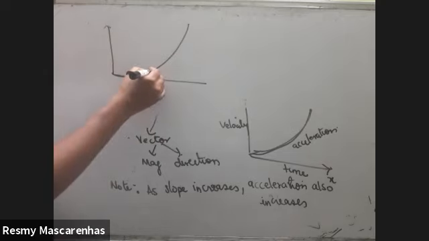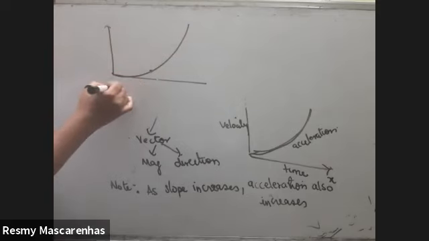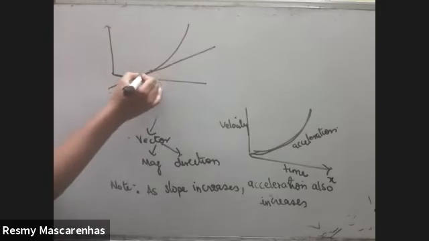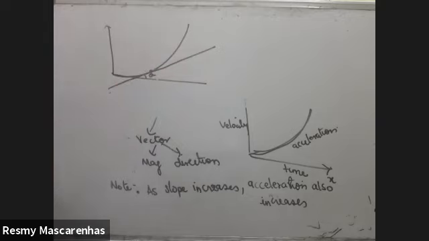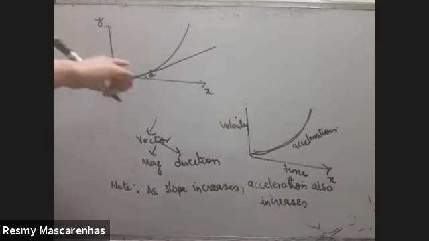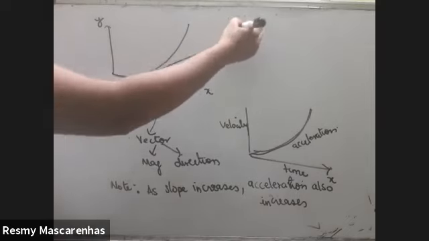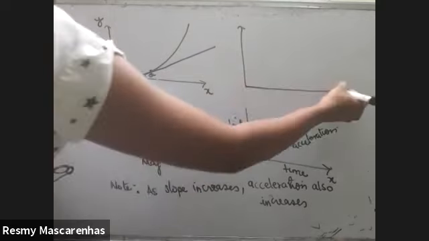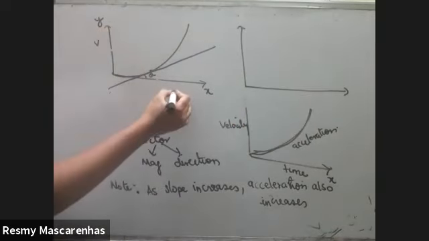If I want to check over here, suppose at this point I just draw a tangent, and it will always make some angle theta with your x-axis. Here you have a different angle at this point. Now for the same graph, I'll check my acceleration at some other point. This is velocity versus time.